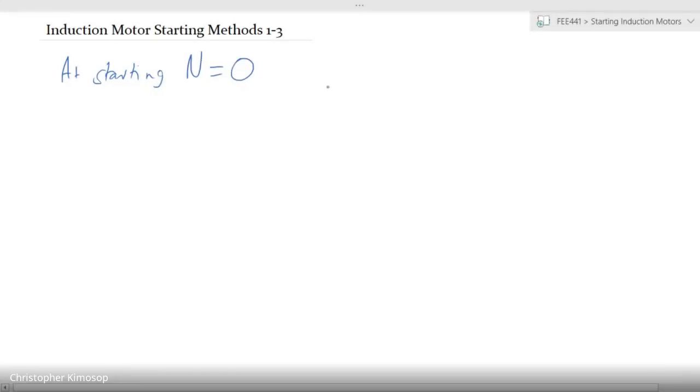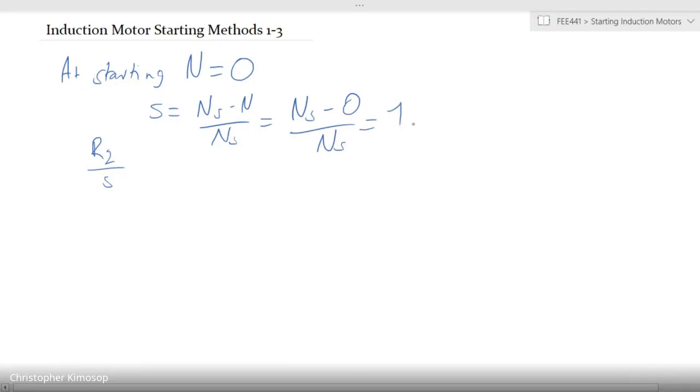And within our equivalent circuit, we had the resistance at the rotor side being given by R2 over S. Now if the motor speed is equal to 0, what will be S? S will be equal to (NS minus N) over NS, and in this case it will be (NS minus 0) over NS, which will give you 1.